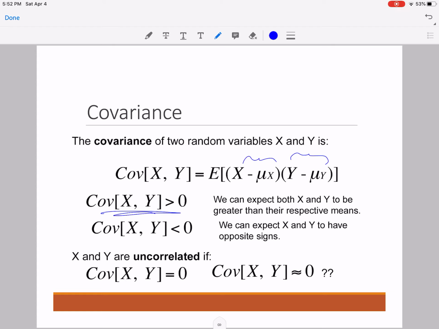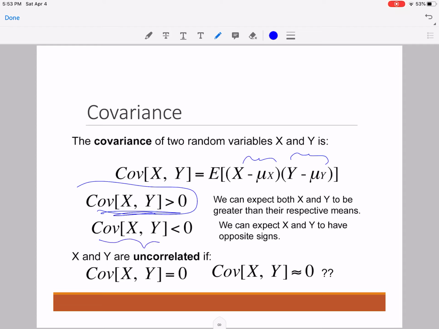If x is less than its mean, then y will also be less than its mean in order for this covariance relation to be positive. Similarly, if x is generally greater than its own average, then you can also expect that y is also greater than its average. So both x and y are increasing or decreasing in the same direction.